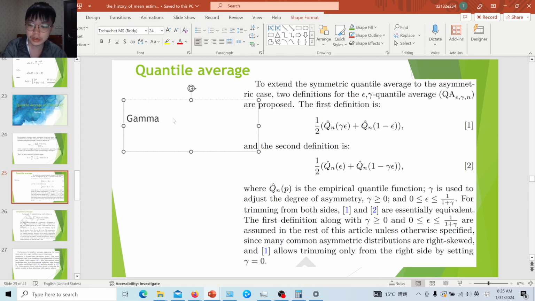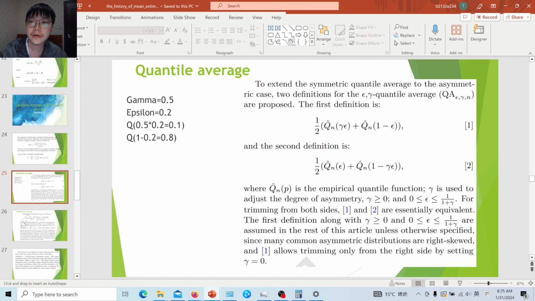If we use gamma as 0.5 and epsilon as 0.2, then the first quantile is 0.5 times 0.2, which is 0.1. And the second quantile is 1 minus 0.2, which is equal to 0.8.